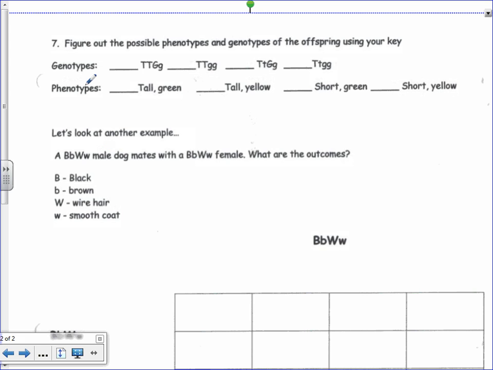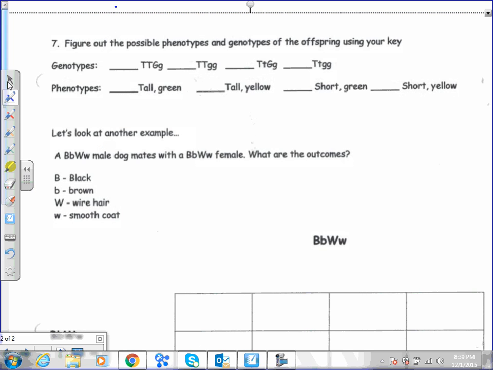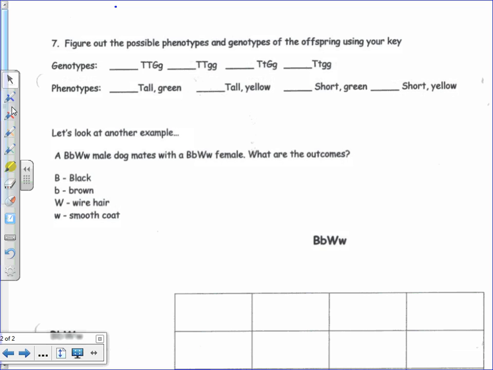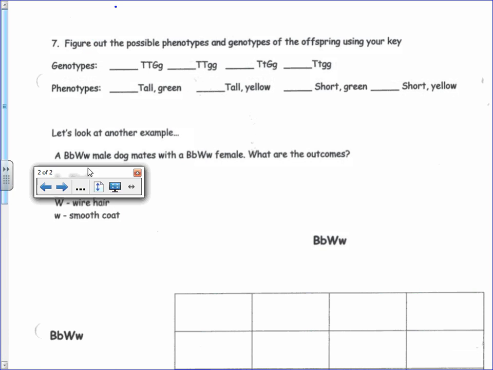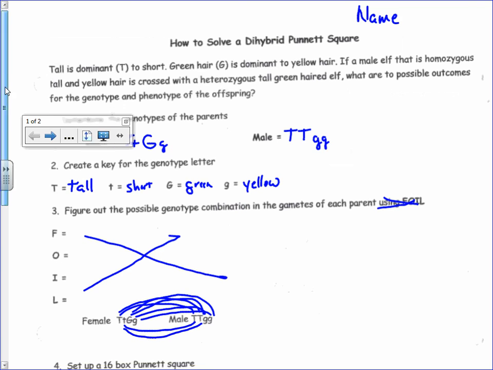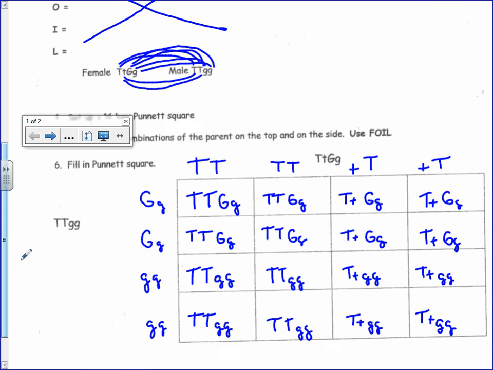And we're going to answer the questions on number 7. We're going to refer back to the box on the front side of the page. So, for the genotypes, if we look back at the boxes here, the first question is asking us, what's the percentage that are going to be homozygous for height and heterozygous for color?